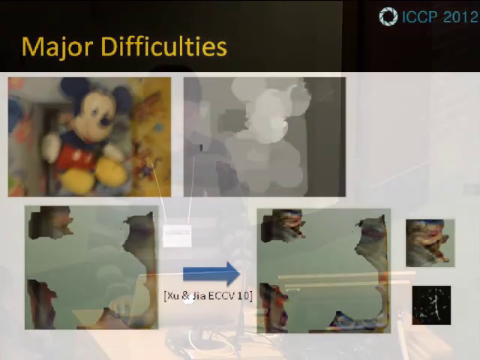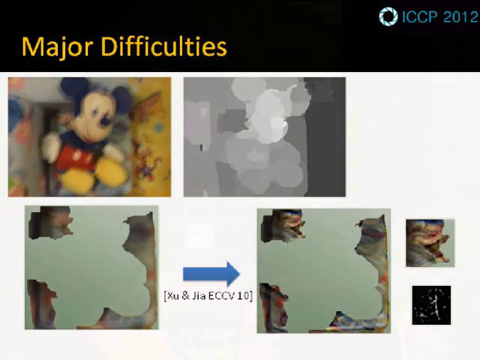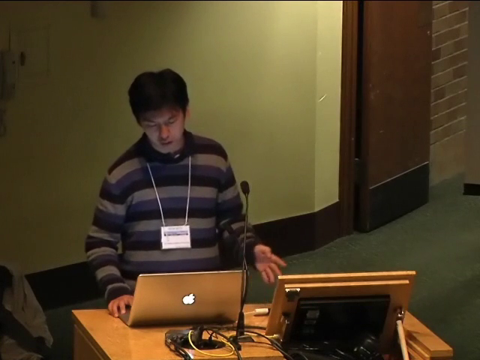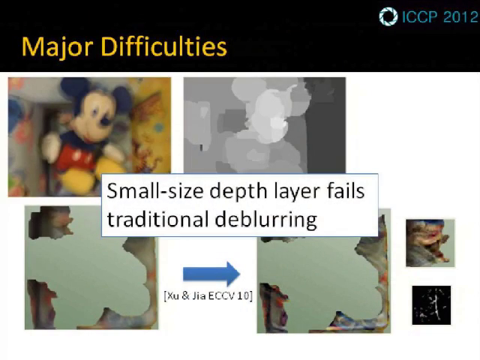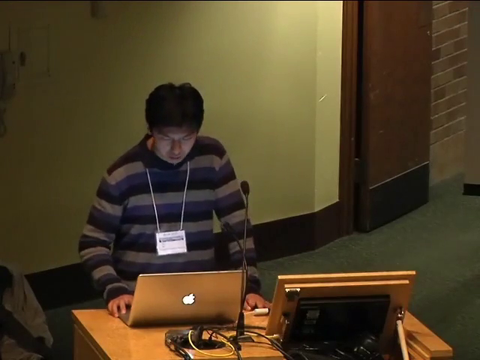By using our previous blind deconvolution methods, the result is like this. The kernel contains obvious artifacts and is noisy, and the restored images have some raining artifacts. This is explainable because the size of this region is not that large, and the small-sized depth layer does not contain sufficient pixels for PSF estimation, and thus it fails most existing deblurring approaches, I think.